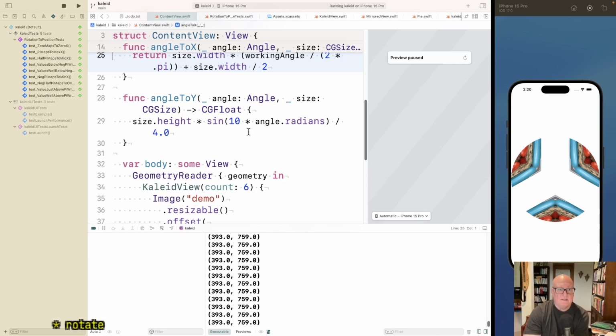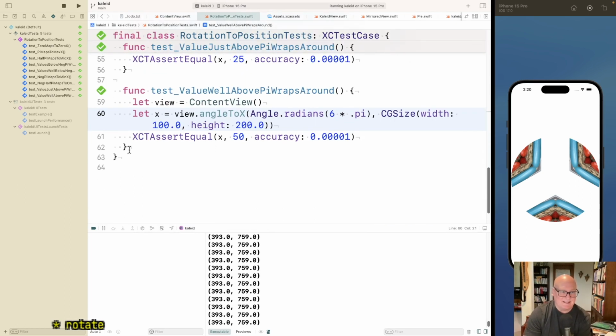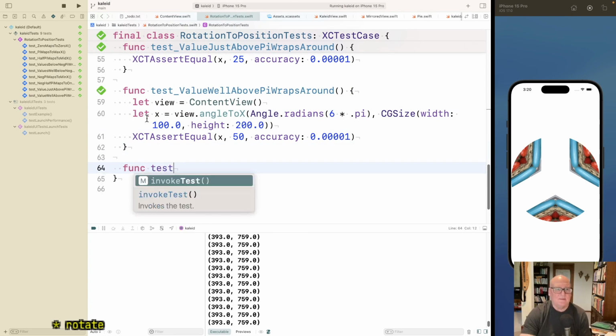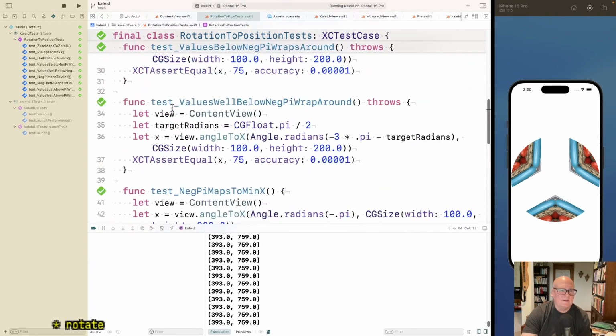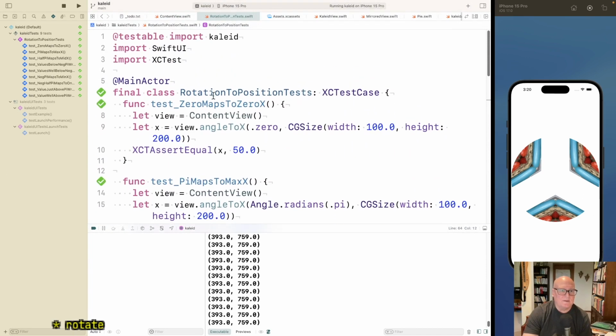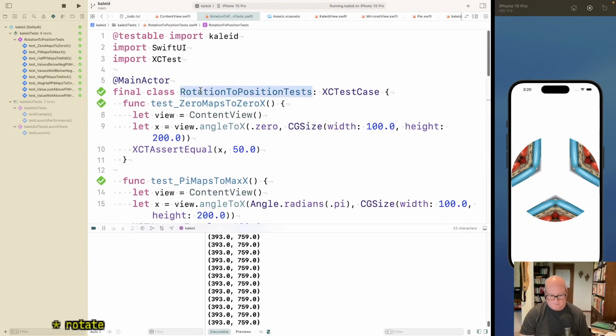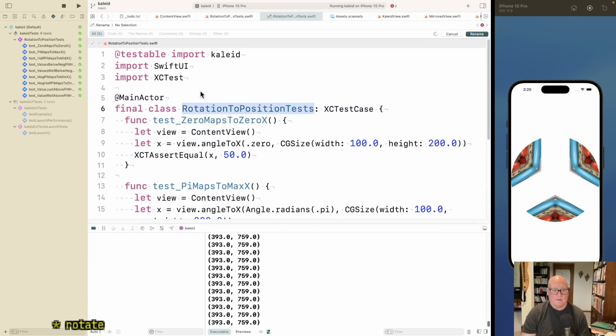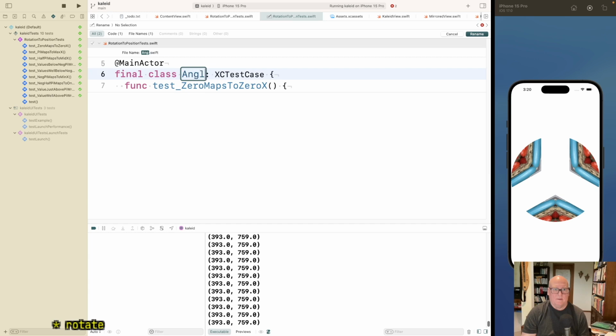Sine. Okay. Yeah. So the height is also wrong. Okay. Yeah. Let's start testing. Okay. So, well, let's make this angle to x tests.